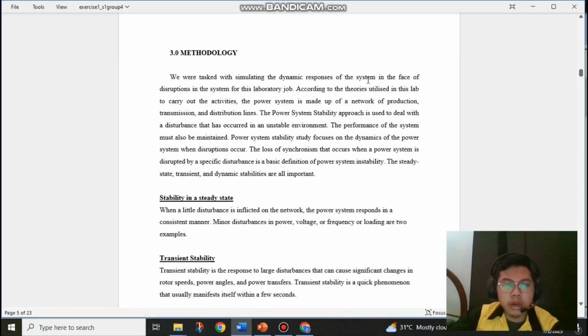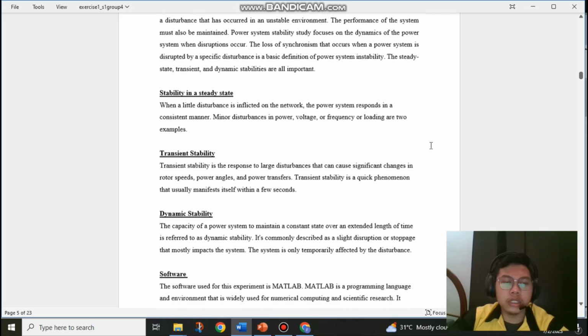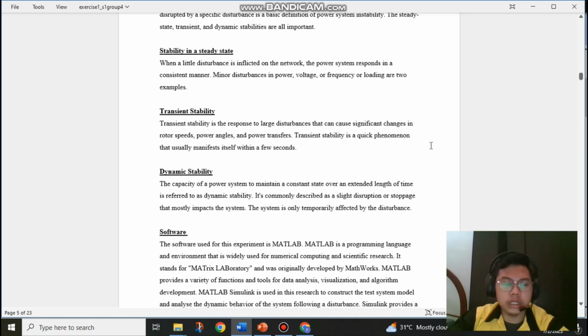Now I will explain about our methodology. In the methodology, the power system study will focus on the dynamics of the power system when a disruption occurs. The loss of synchronism that occurs when a power system is disrupted by a specific disturbance is a basic definition for power system instability. There are three types of stability in a power system, which are the stability in a steady state, the transient stability, and dynamic stability.